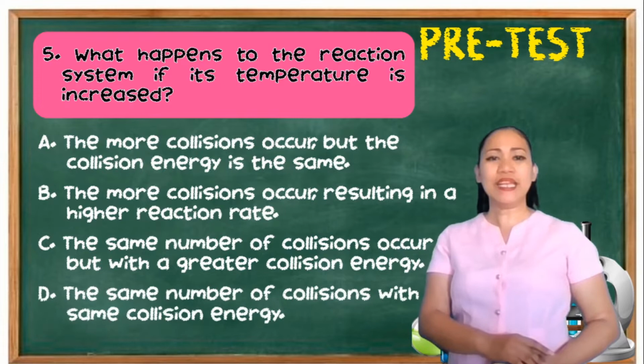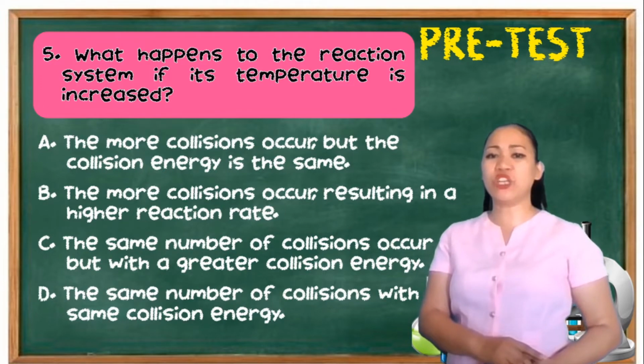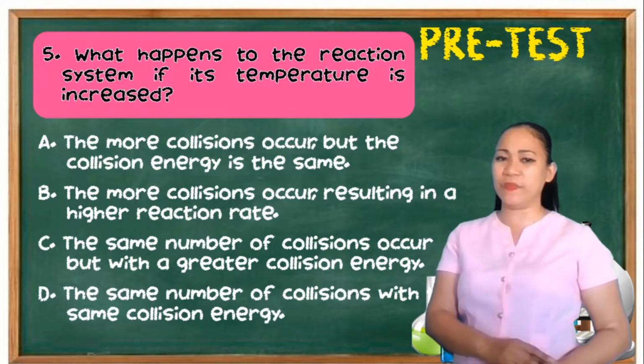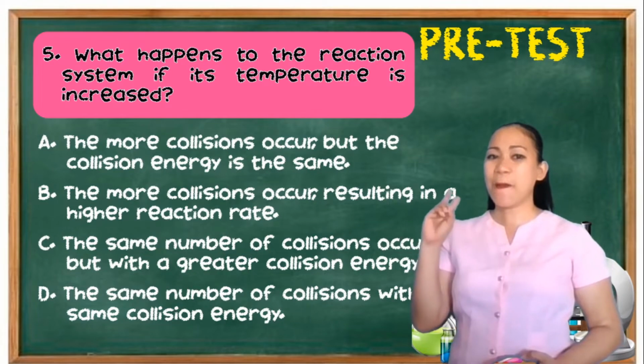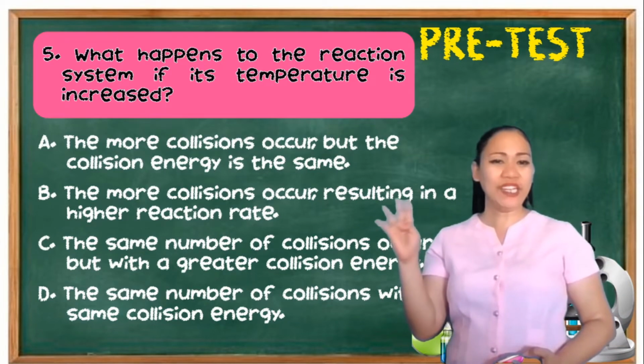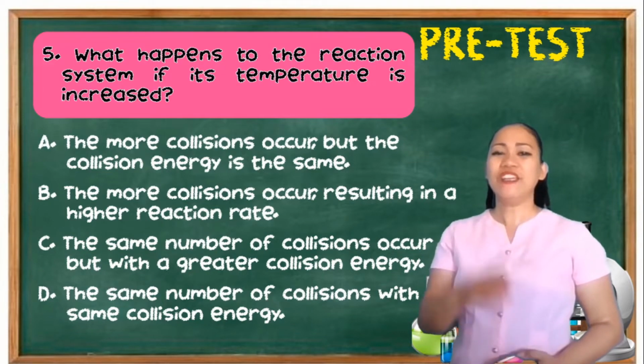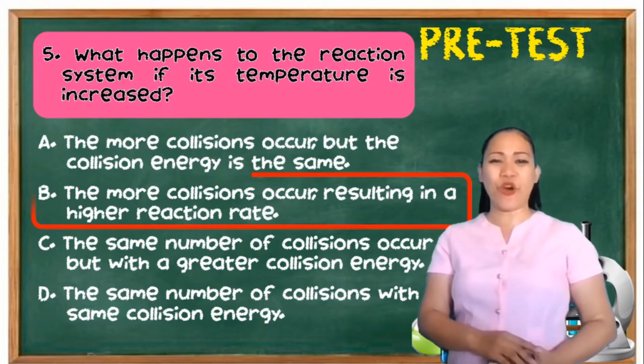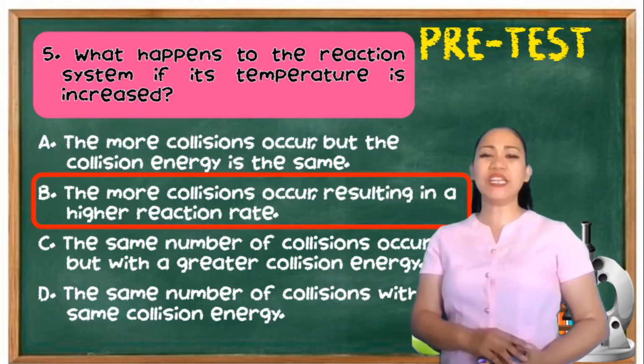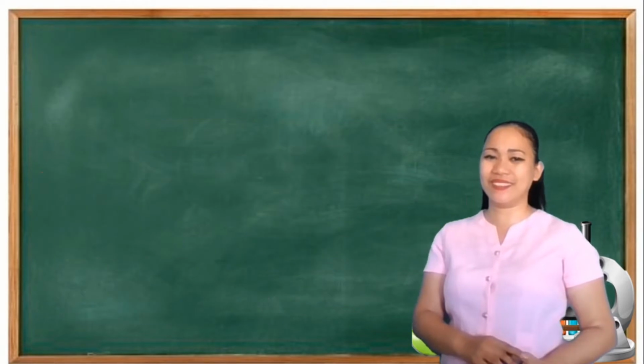And lastly, D. The same number of collisions with the same collision energy. Is it A, B, C, or D? If your answer is B, you are again correct. More collisions occur, resulting in a higher reaction rate.